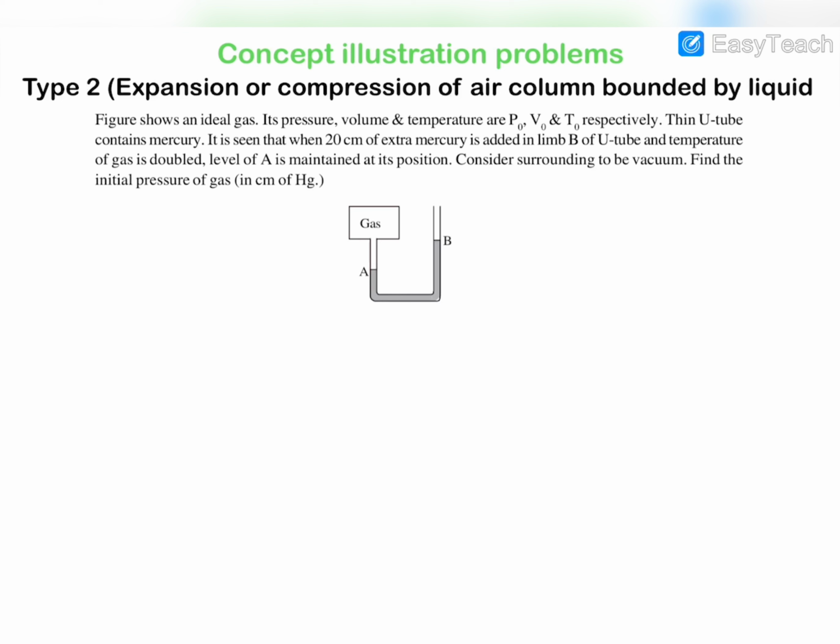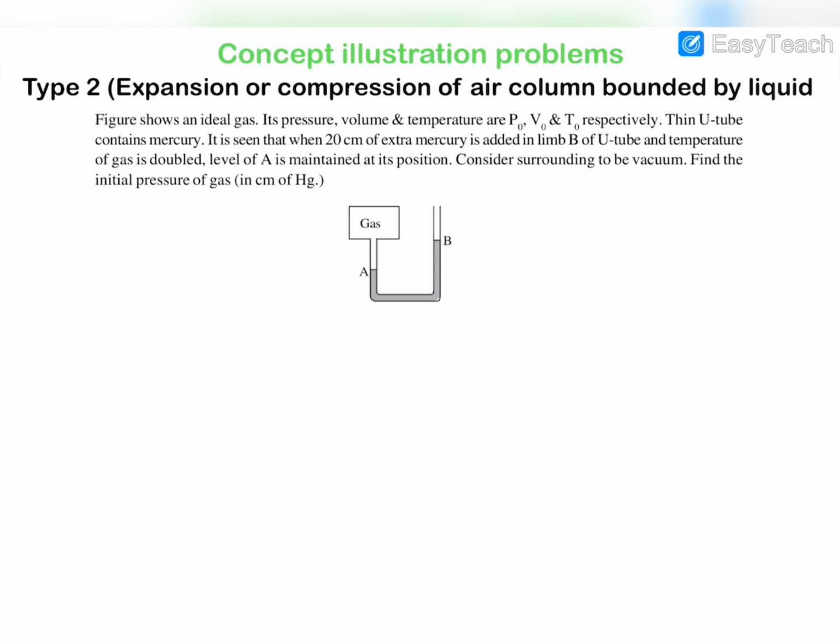In this question you can see that there is an ideal gas which is filled in this chamber, and the initial pressure, volume and temperature of this gas were P0, V0 and T0 respectively, and there is a U tube that contains mercury.